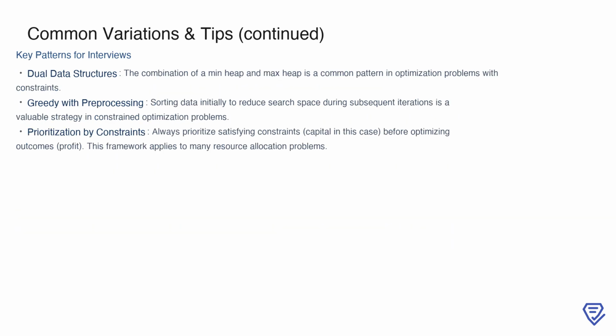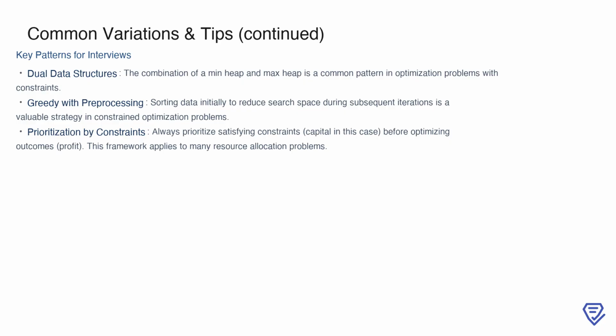Key patterns from this problem are highly valuable for interviews. The use of dual data structures, particularly a min heap and max heap, is a recurring pattern in optimization problems with constraints. This problem also highlights the importance of pre-processing data, such as sorting, to reduce the search space and simplify subsequent operations. This is a common strategy in constrained optimization problems.